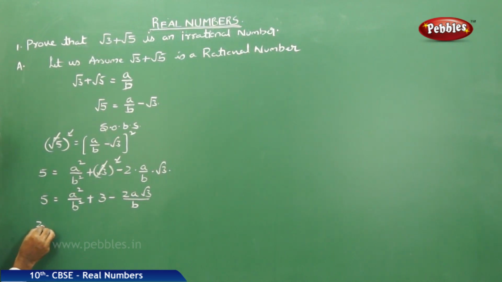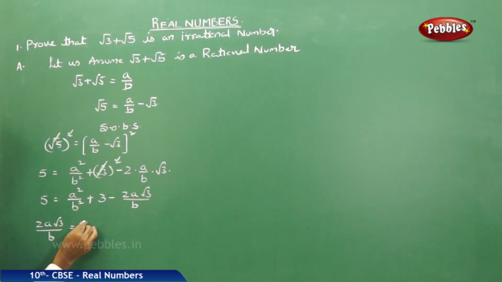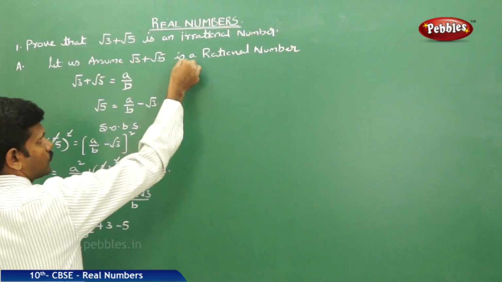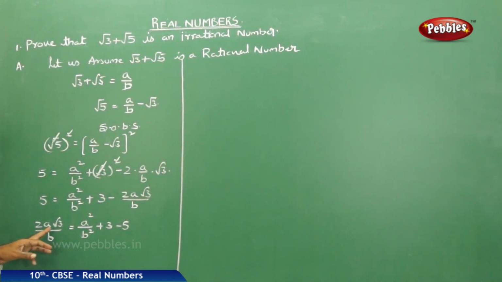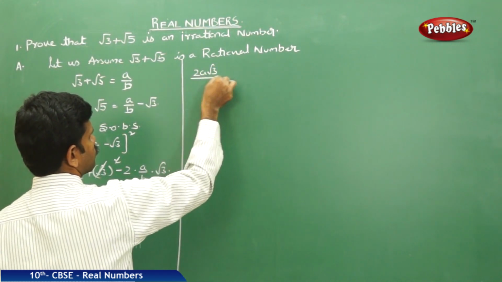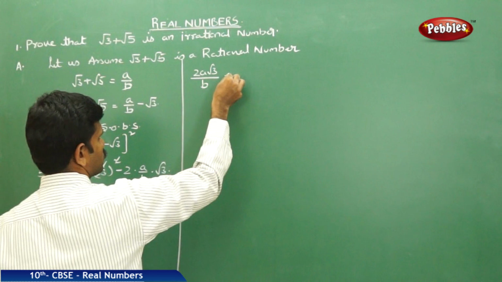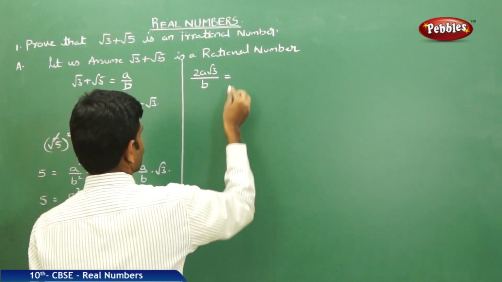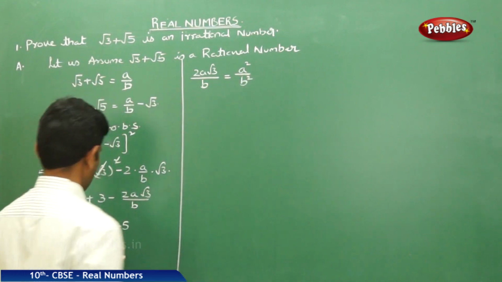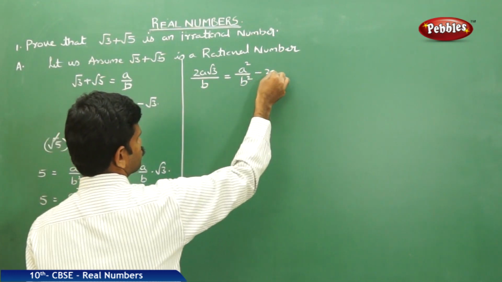That is, 2a root 3 by b is equal to a square by b square plus 3 minus 5, that is minus 2.